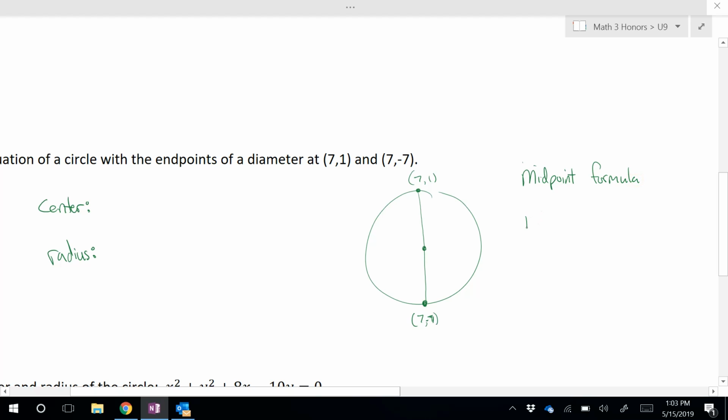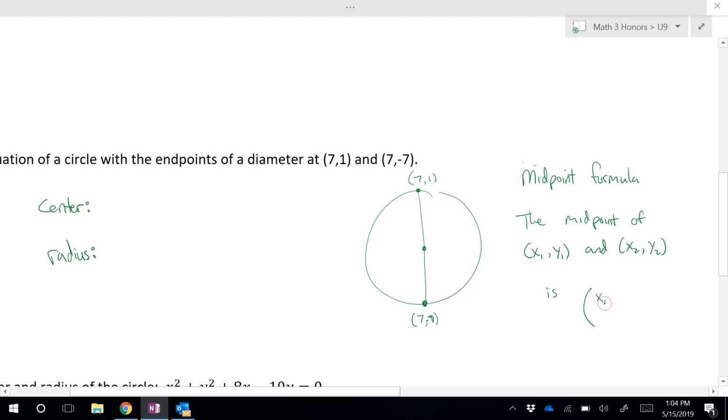So the midpoint of 2 points, so one point's x1, y1, and x2, y2 would be our other point. Anybody remember what we do?